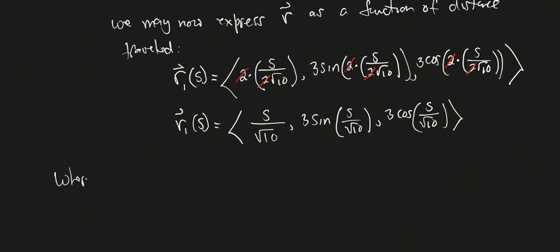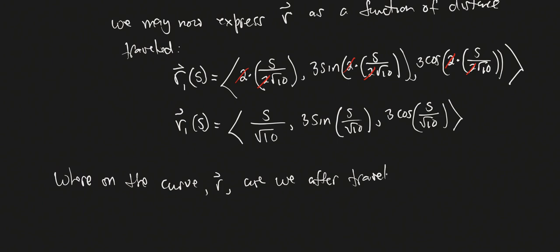Where on the curve R are we after traveling for a distance of pi root 10 over 3 units?